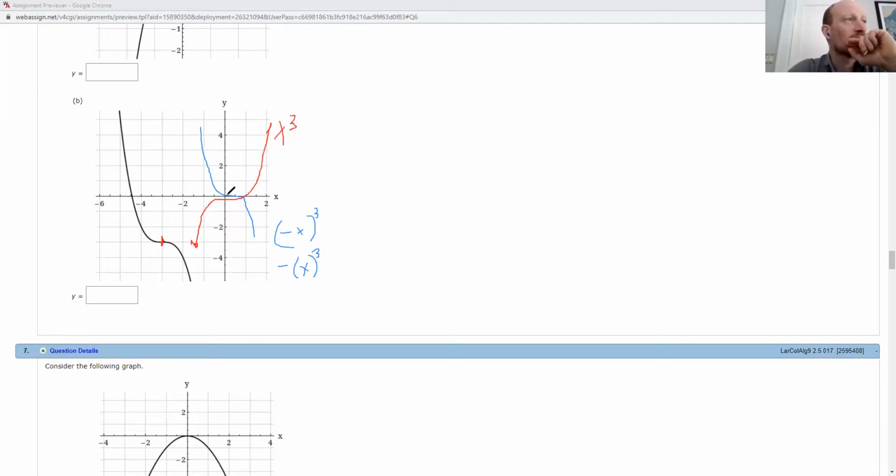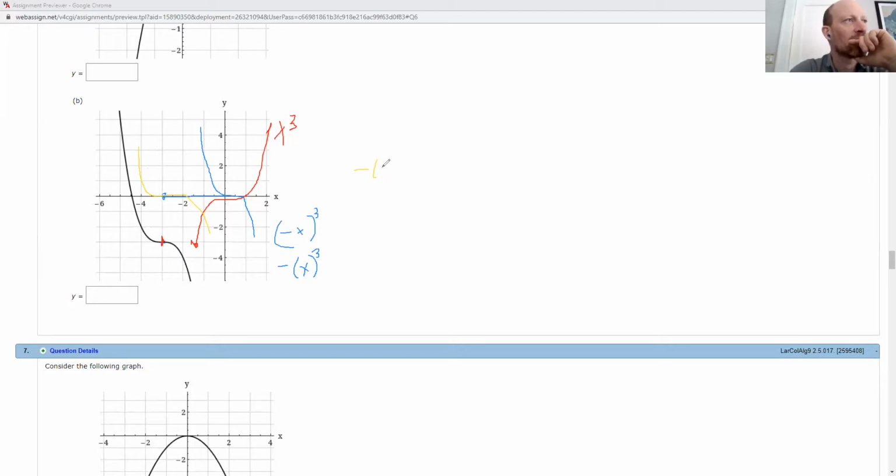And then it's just a question of moving it. So I moved it, it looks like 3 units over to the left. I'm thinking of this point here. You have to be a little careful with this one.